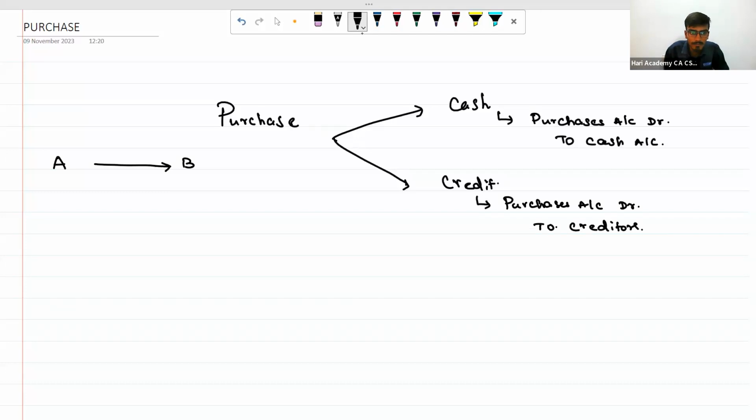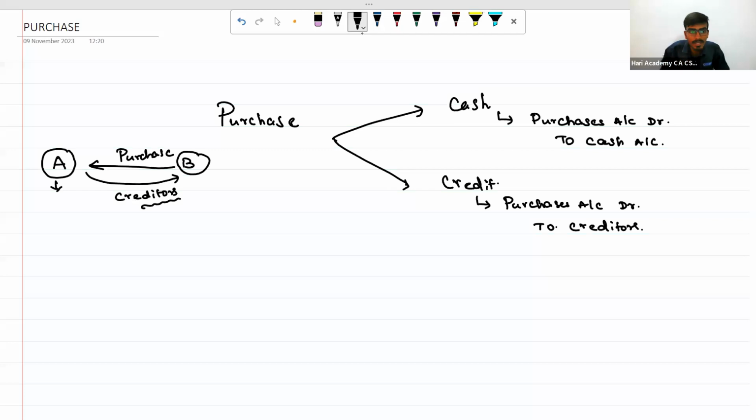A is purchasing from B. Okay. From A's point of view, there will be two aspects. From A's point of view, B will be a creditor.